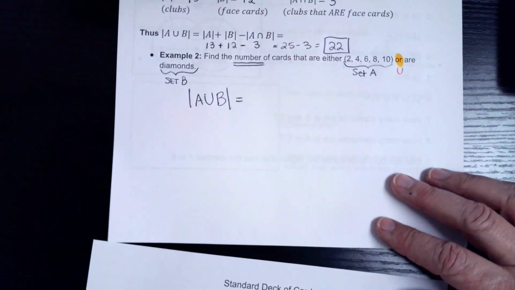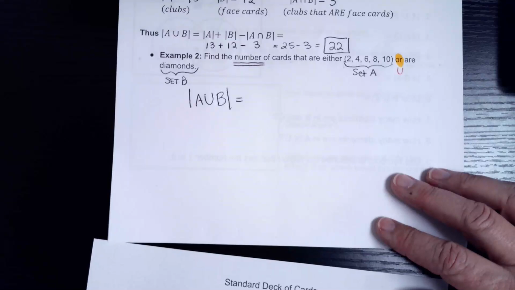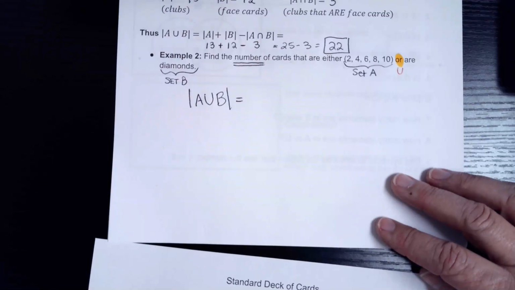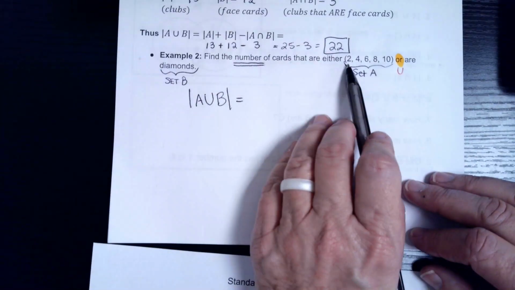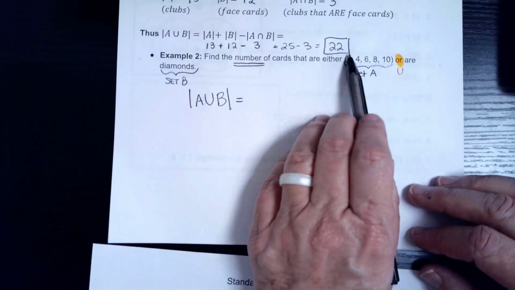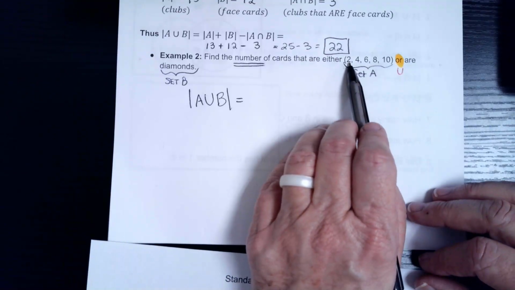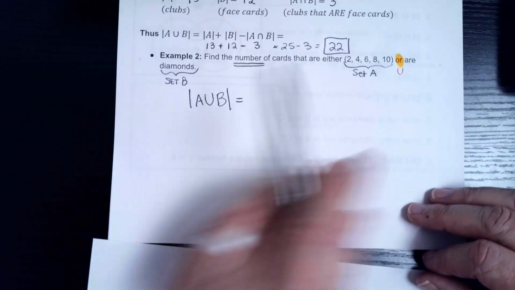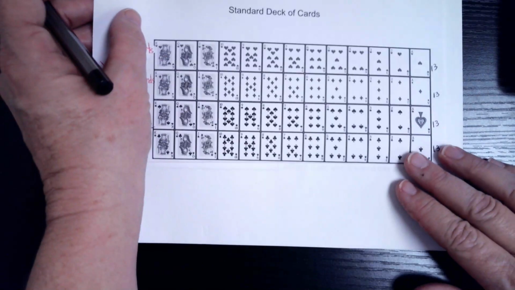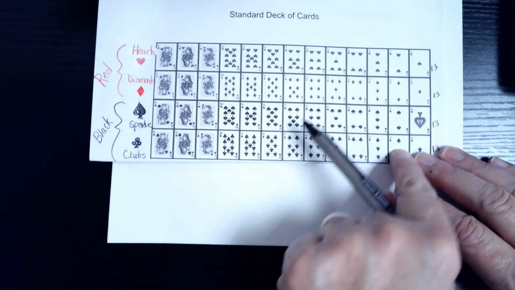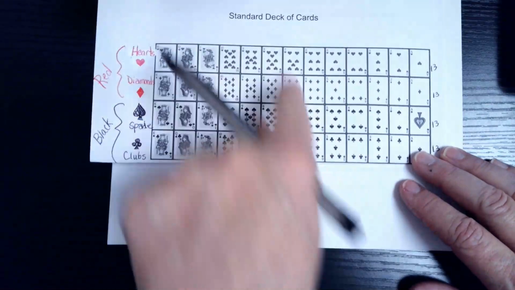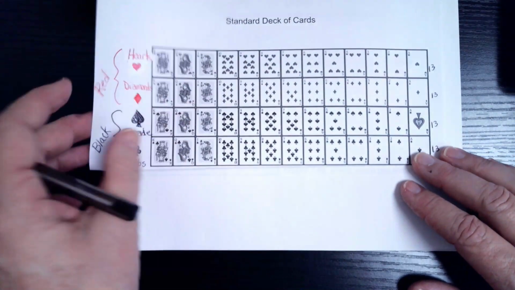Well, how many are in set A? Oh, hang on. How many are in set A? If you just look at this, you might think that that's set A, but notice that's not a set. It's got parentheses. That's saying, look at the 2, 4, 6, 8, 10s. If we look at the whole thing, I've got 4 of the 2s, 4 of the 4s, 4 of the 6s, 4 of the 8s, 4 of the 10s, don't I?